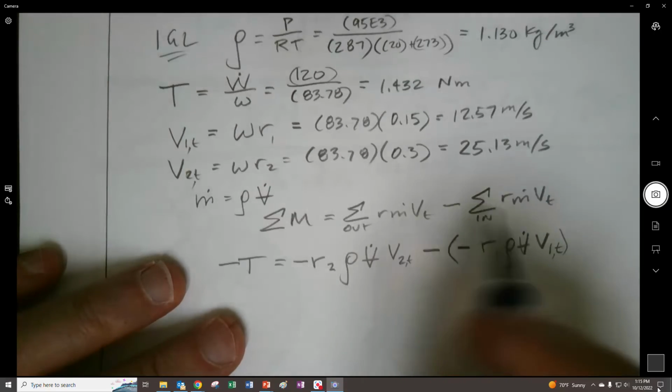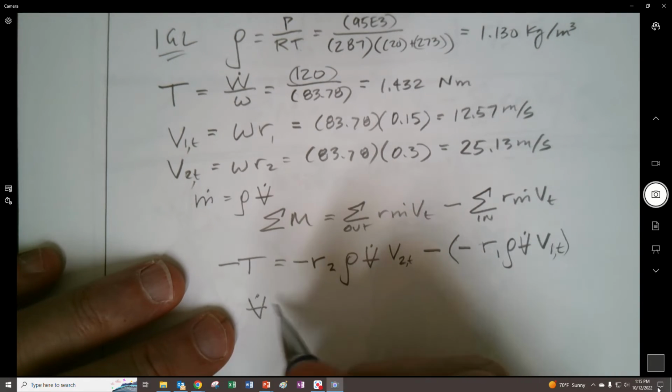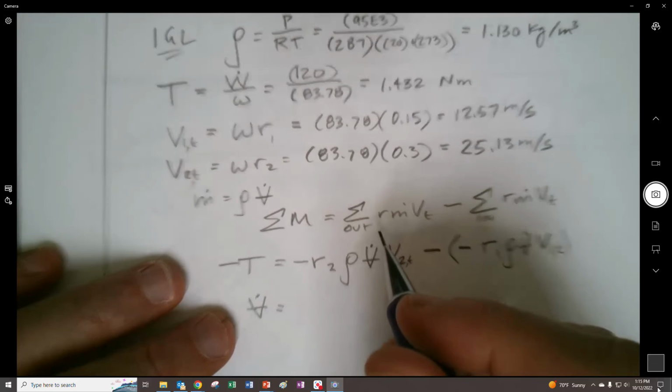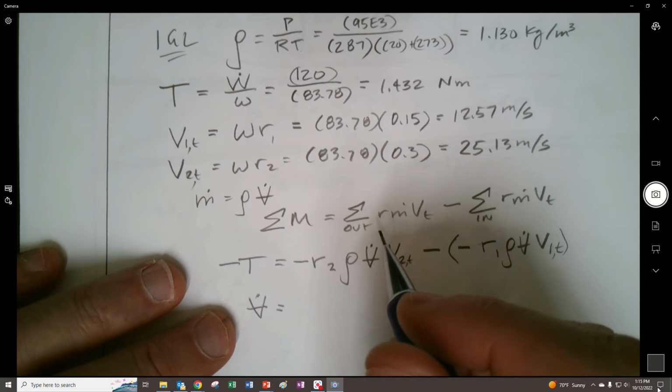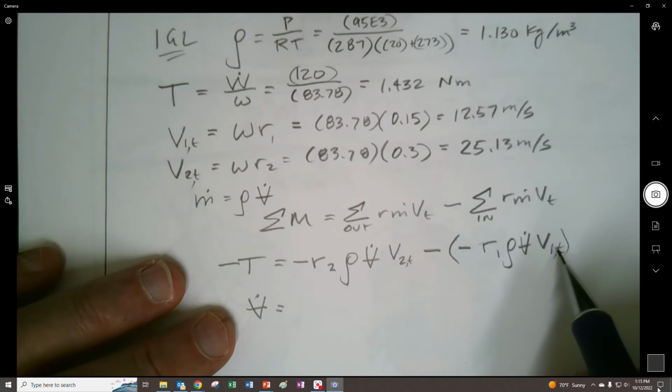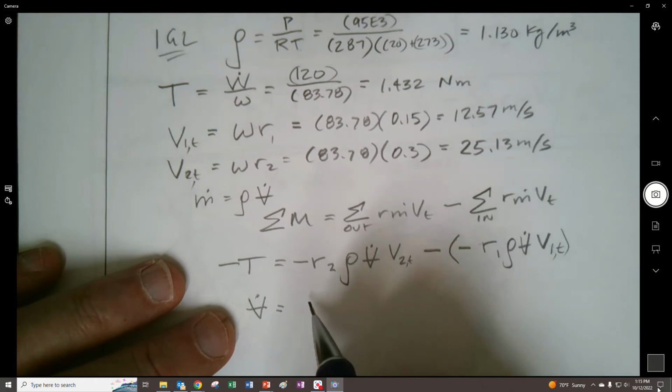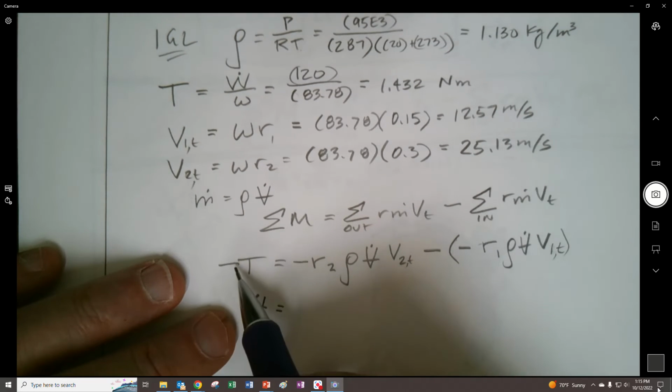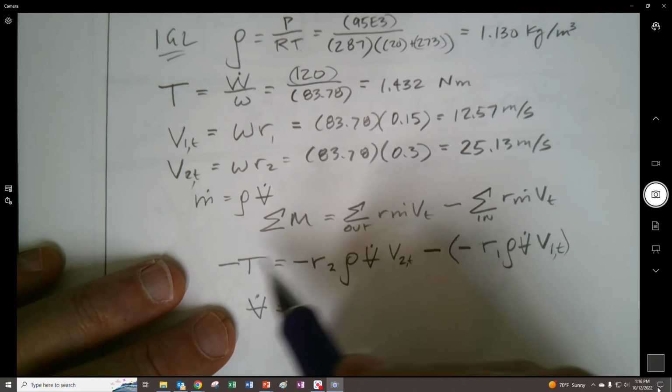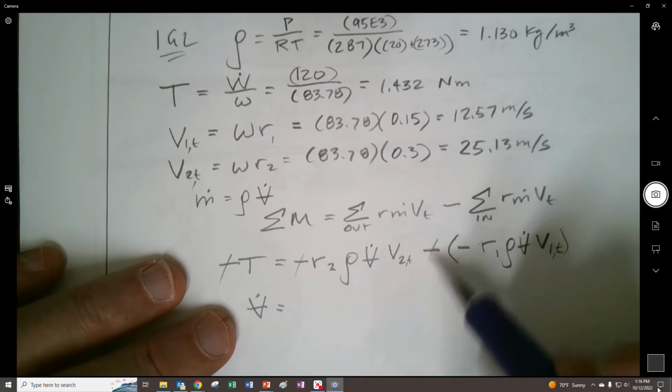All right, so I can solve for my volumetric flow rate. I think all these minuses are going to cancel out. Yeah, I think we're going to be fine there.